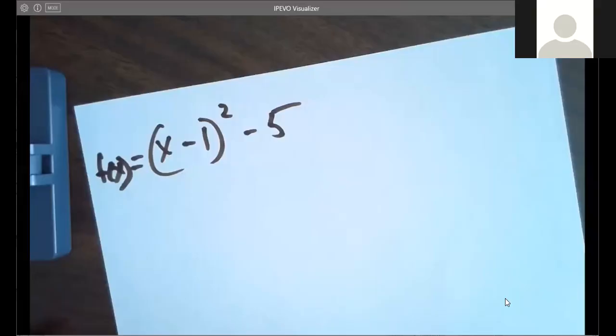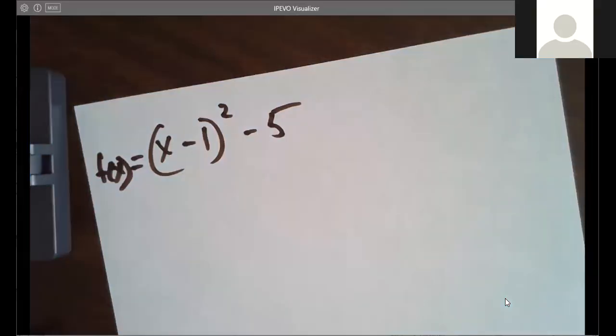So we're going to graph it. Here we want to determine the domain and range.